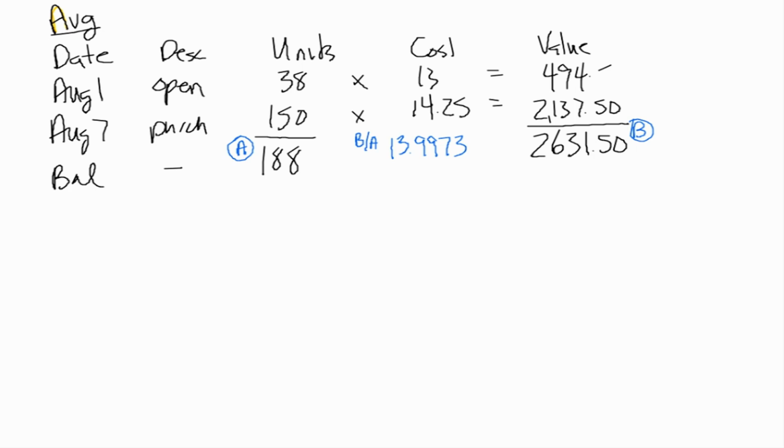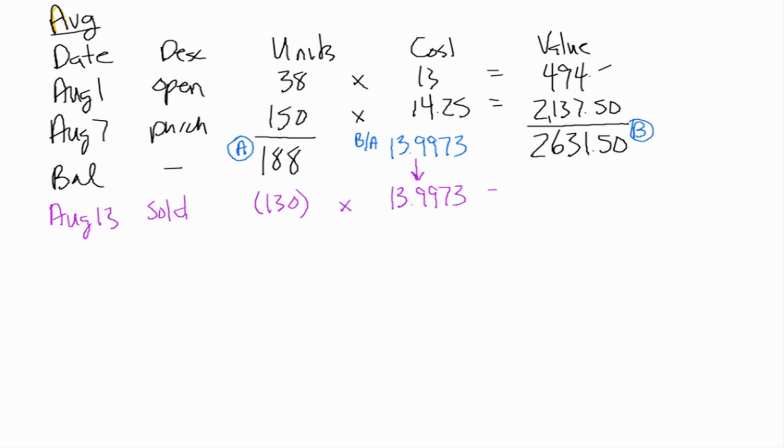So now, what happened? On August 13th, I sold. How many units did I sell? I sold 130. I'm going to use this weighted average exactly as it stands.